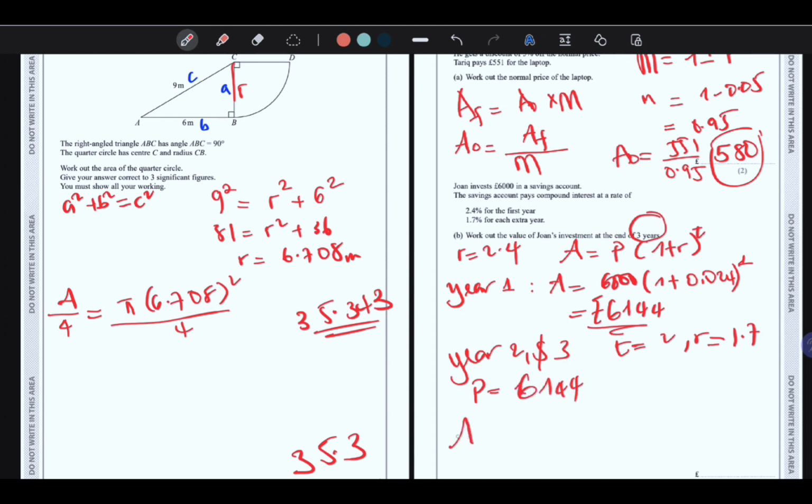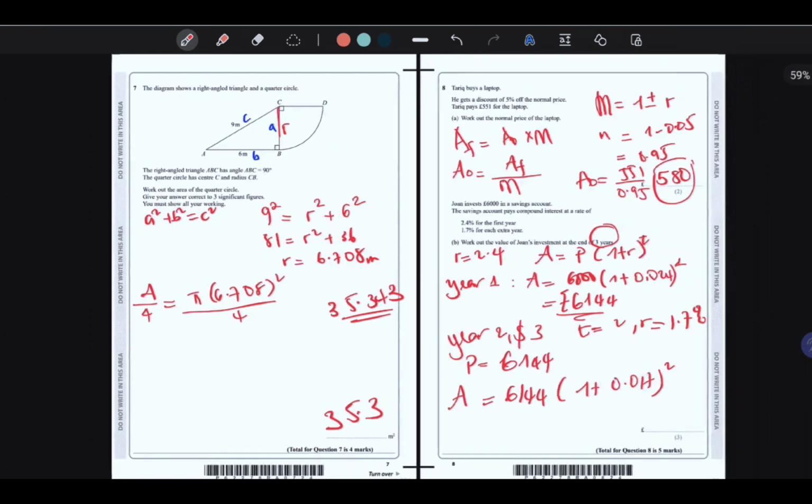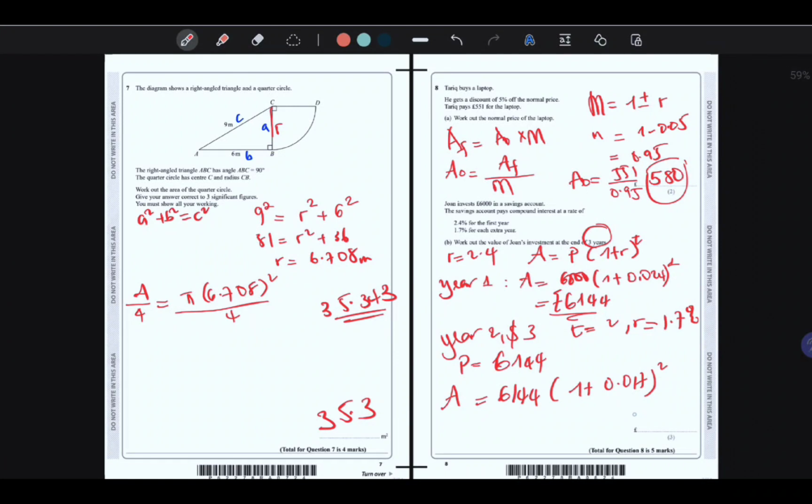So here our final amount of money will be 6,144 times 1 plus, you divide 1.7% by 100, you get 0.017, to the power of 2. So that would be £6,354.67 at the end of the 3 years.